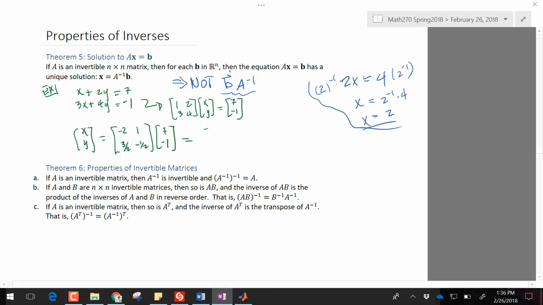Let's try this again: 21 plus 1 is 22, and 22 over 2 is 11. So now we have a solution.